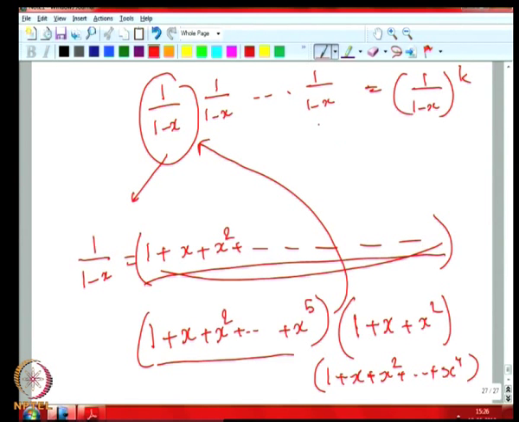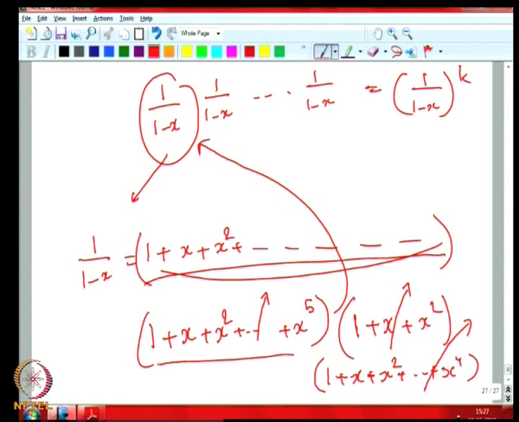So, this will indeed give the solution, because if you now look at the coefficient of x raised to n in this product, what will happen? This x raised to n can be formed by taking some x raised to E1 from here, some x raised to E2 from this term, and x raised to E3 from this third term, right.